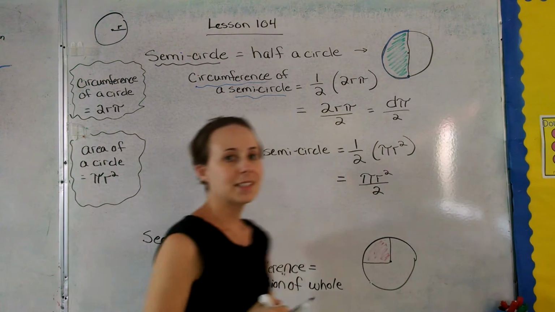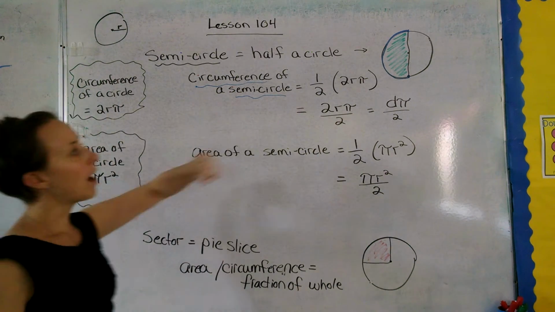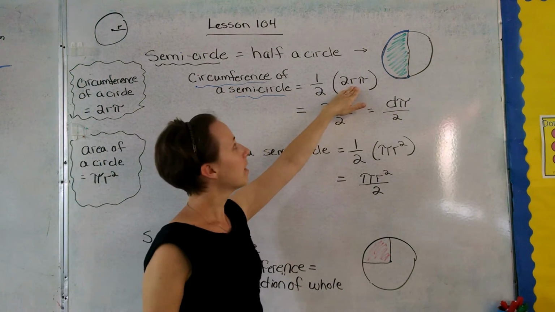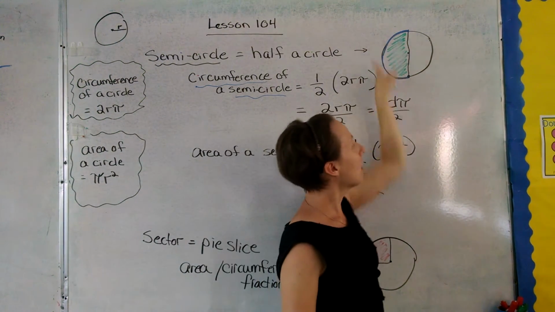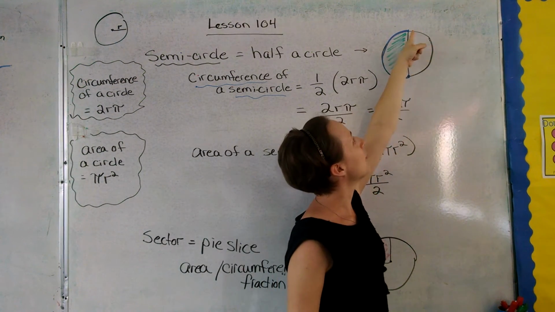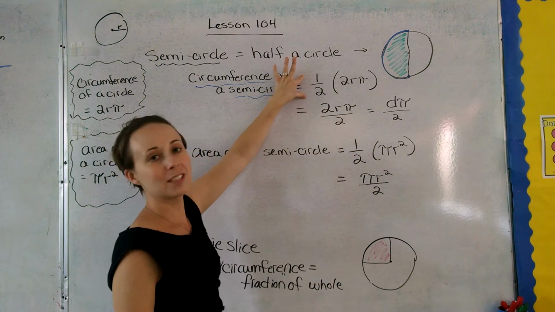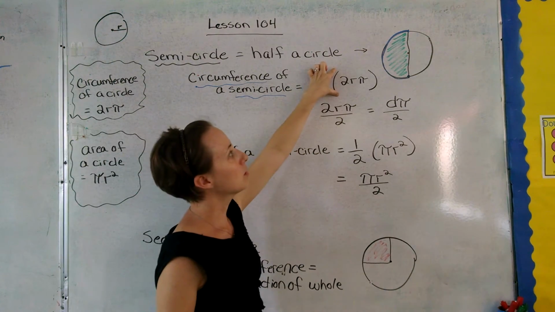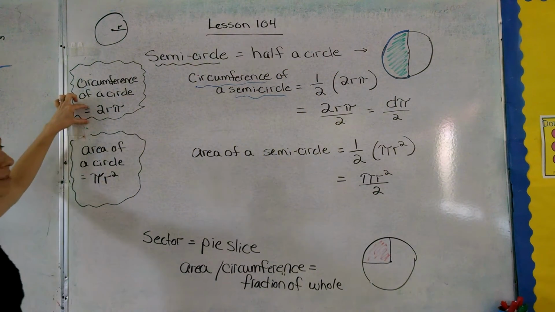And you can find that by using the formula for the full circumference, 2r pi, and then just splitting it in half. Half of the whole distance would be the half for the semicircle. In math, that looks like half times 2r pi, which is our formula for our circumference.